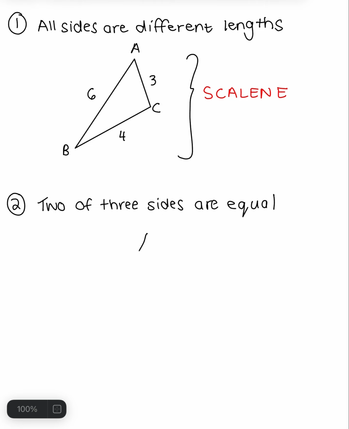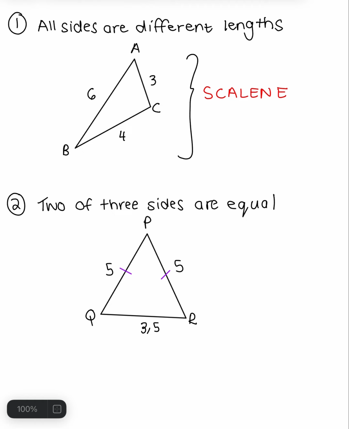If I draw a triangle and call it PQR, and I say that this side is 5 centimeters, this side is 5 centimeters, and this side is 3.5 centimeters, I can indicate on my triangle with one straight line like this that these two sides are equal to each other.